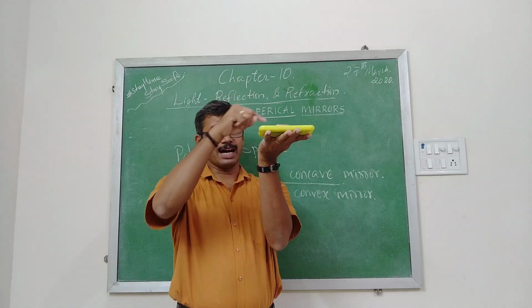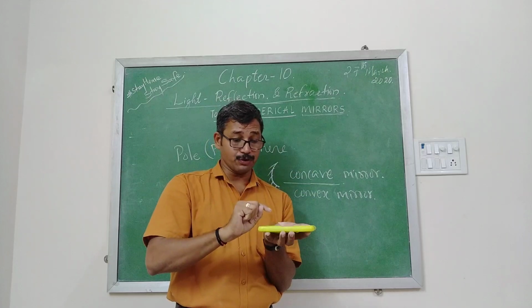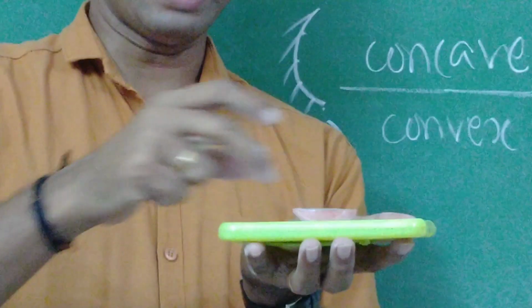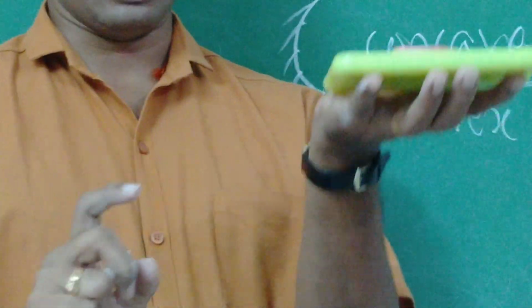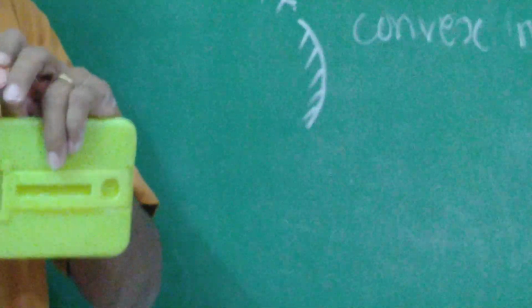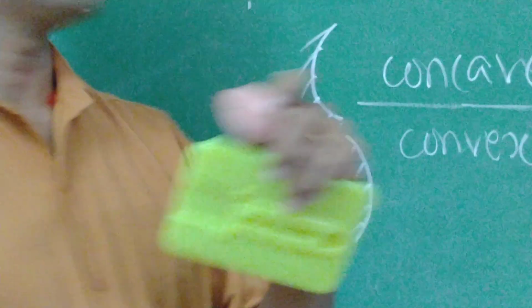Now you can see that the point of contact of this mirror and this plane is a single point. Look, only one point. So this point is called the pole.